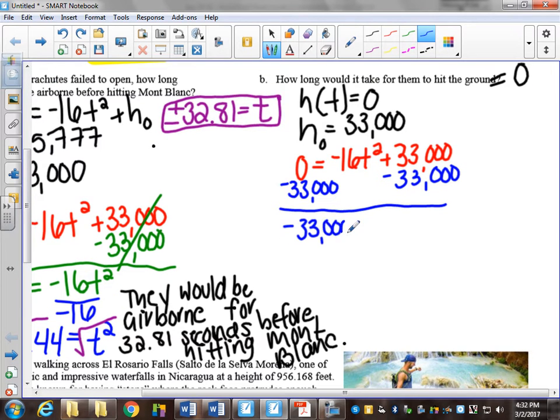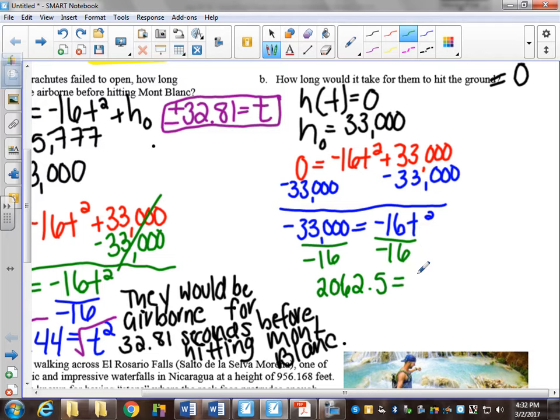Negative 33,000 equals negative 16 t squared. Next step, let's get rid of that negative 16. 33,000 divided by negative 16 is 2,062.5 equals t squared.